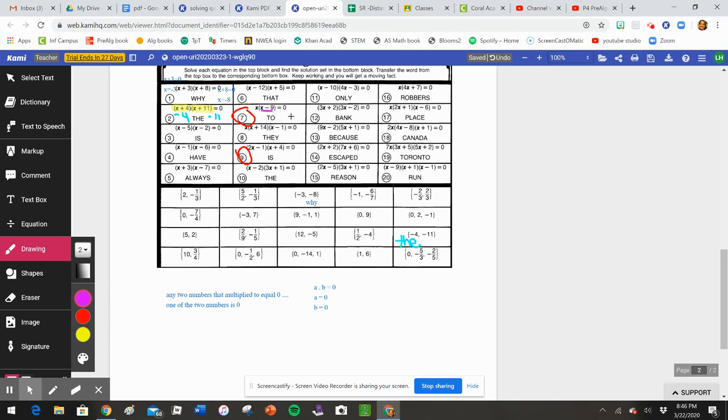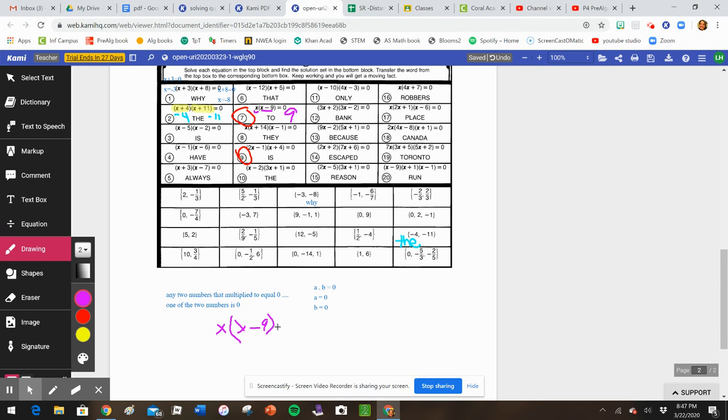Usually everybody's really good with parentheses. x minus 9 equals 0 is going to give you a positive 9. So that's pretty easy. But what about this little guy right here? What about that x? That x just means that one of your choices is going to be 0.